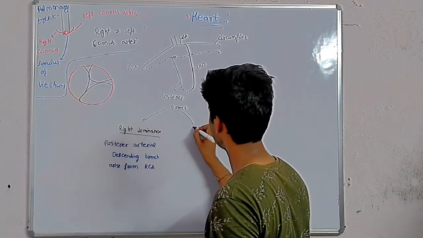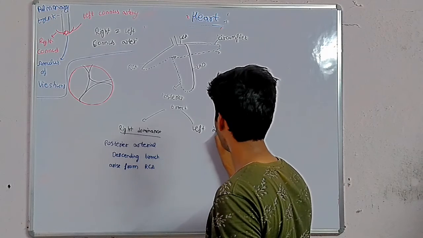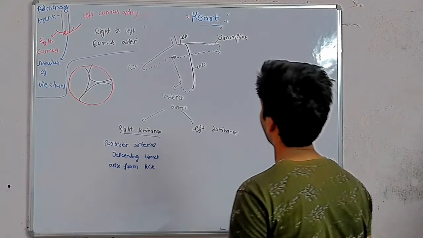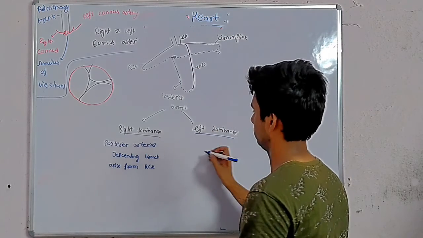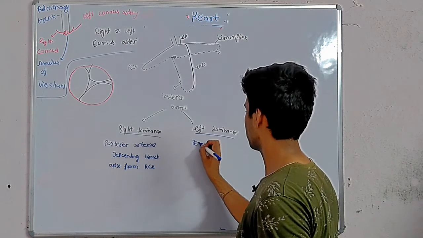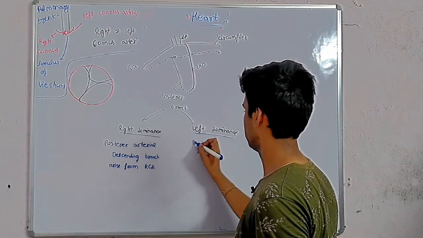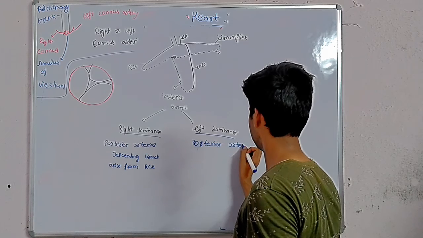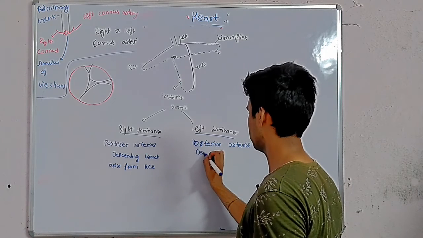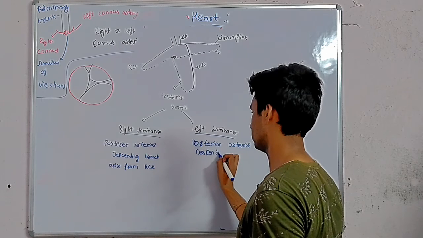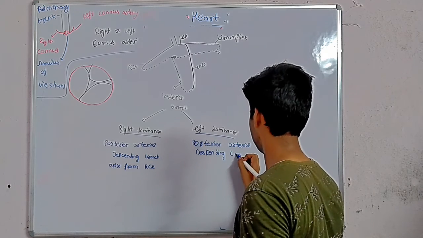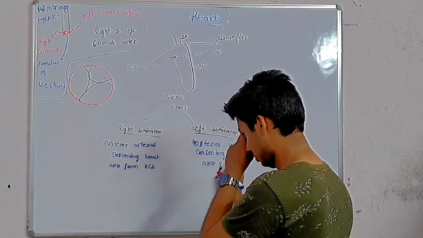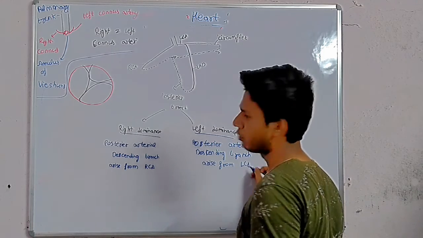Left cardiac dominance means the posterior descending arterial branch arises from the circumflex artery, a branch of the left coronary artery, LCA.